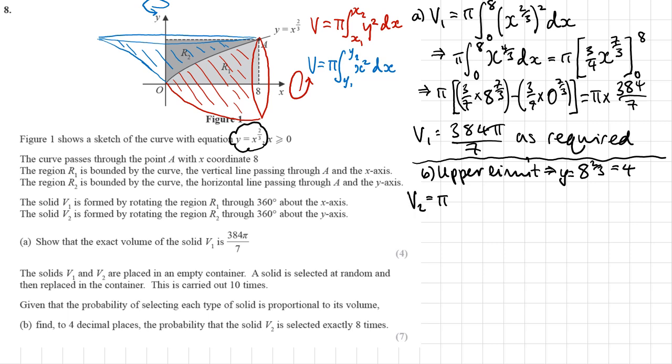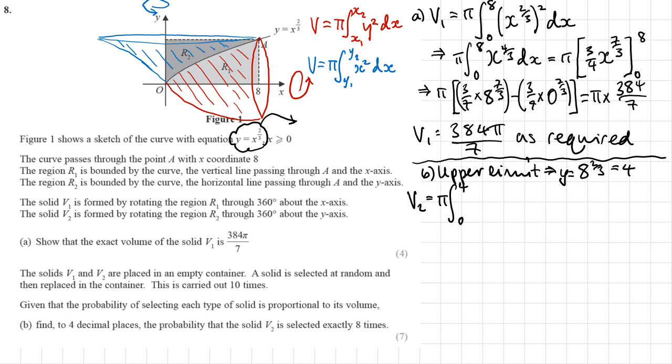So this is going to be pi times by the integral between the limits of 0 and 4. And remember, this time we now need to do x squared. So what I need to do, first of all, is to take this equation and make x the subject.